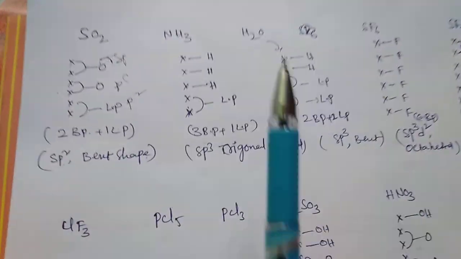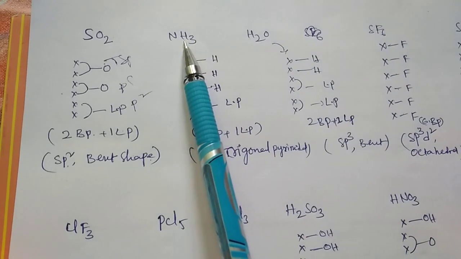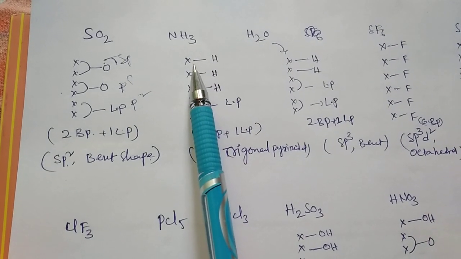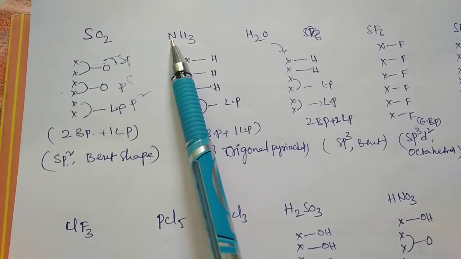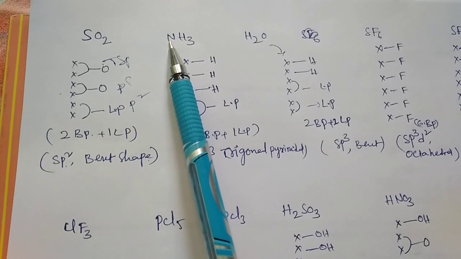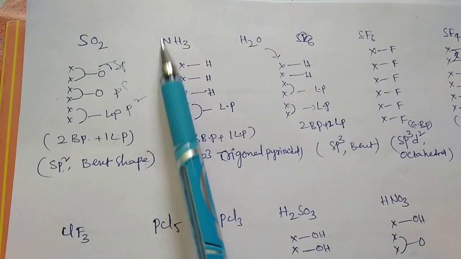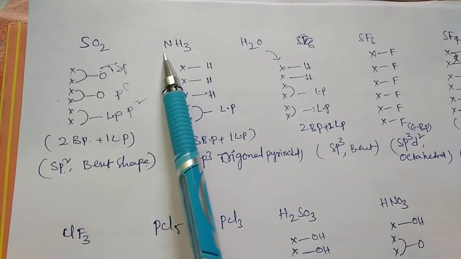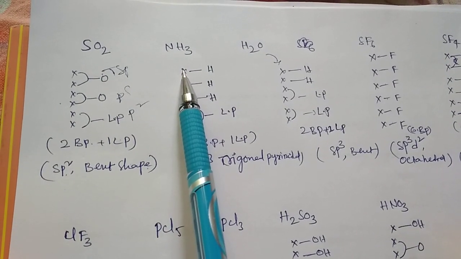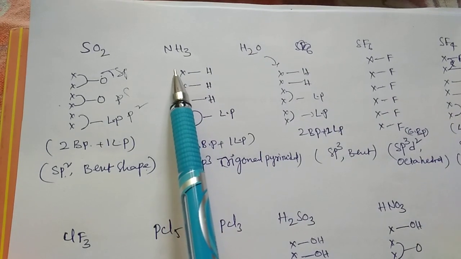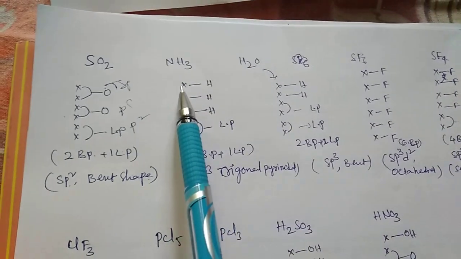Move on to ammonia. Ammonia also: nitrogen belongs to which group number? 5th group, right? So you take 5 electrons, whatever the group number, that many electrons you take.